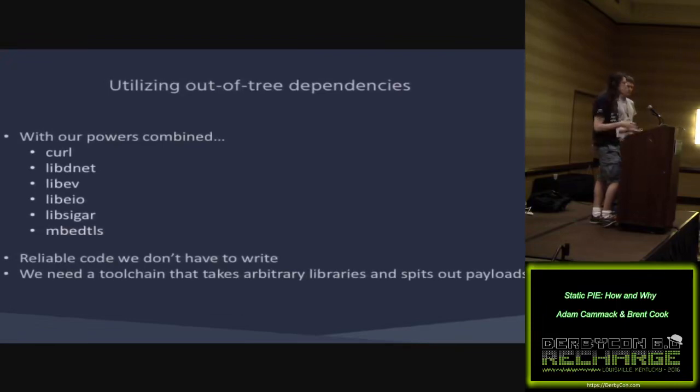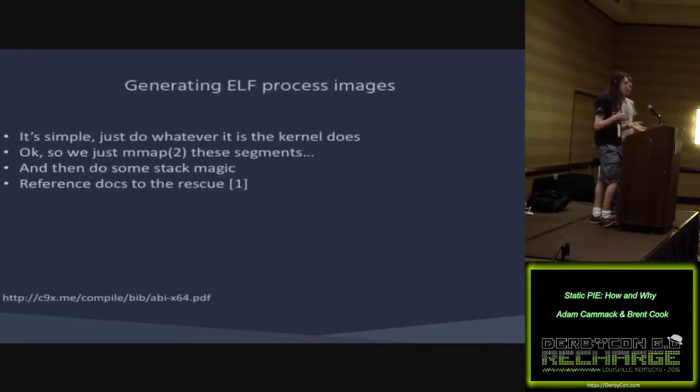But if we're going to use off-the-shelf, out-of-tree dependencies like this, we can't be building our payload with the Byzantine Ubuntu 14.04 only half-working Docker image that we build the current Linux Meterpreter with. And even once we do that, we're going to have to generate a process image that we can stick into a running executable if we want to use this for memory corruption attacks.